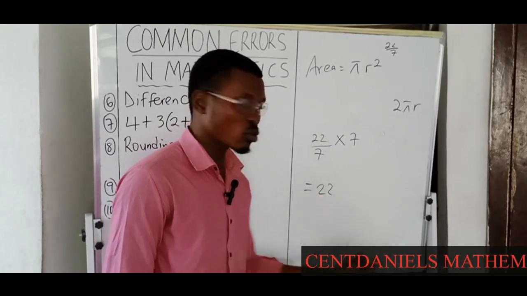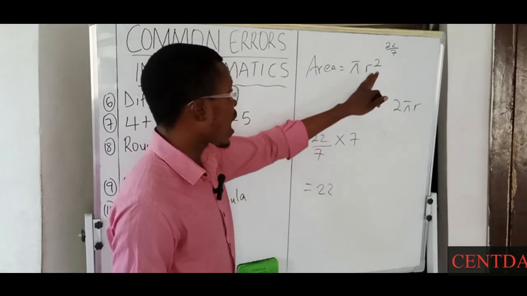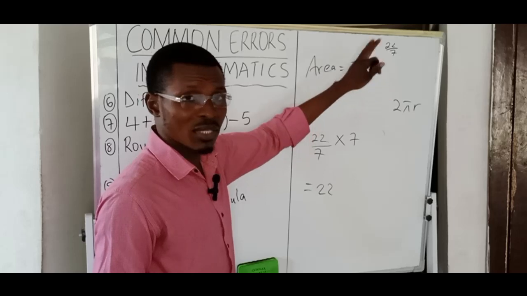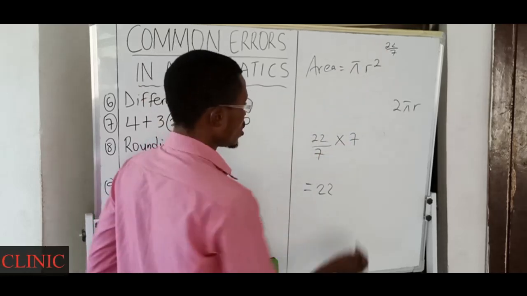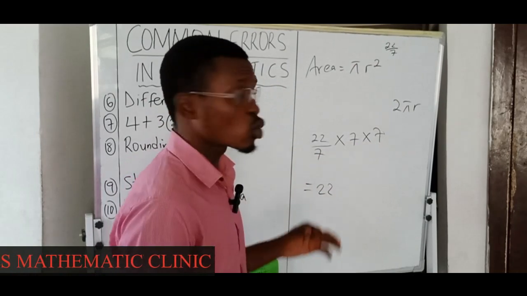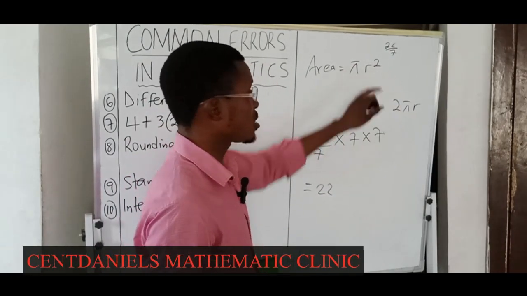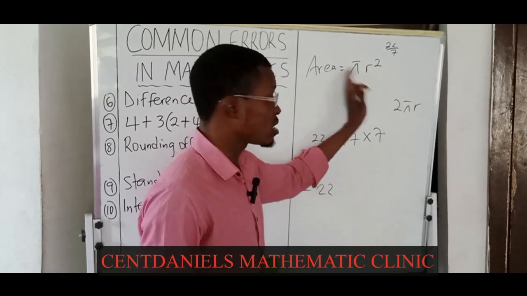And of course, you check the options, you see 22 square units, and it's the wrong thing. So r square here indicates r times r. It means multiply r twice. So you're supposed to have 22/7 times 7 times 7 here. So please take note, r square. This is for perimeter, this is for area. Most students interchange it.